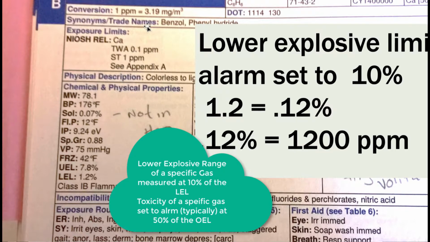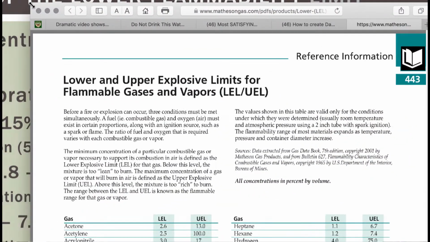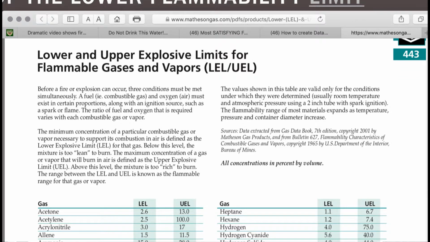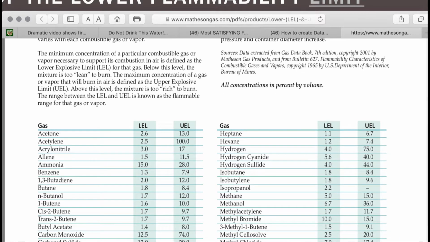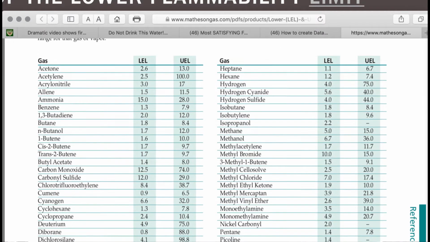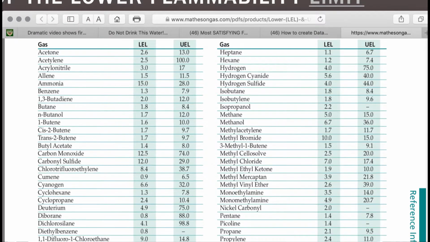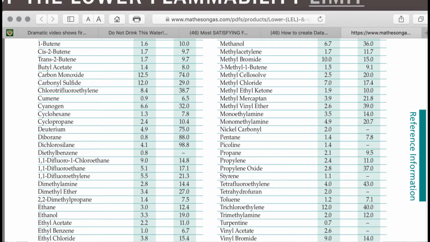And you can see here that we would be dead before we would blow up with benzene. Don't confuse toxicity with flammability. And here you can see a website of some of the lower and upper explosive limits or flammability limits. Remember, these terms are used interchangeably, of some common gases.